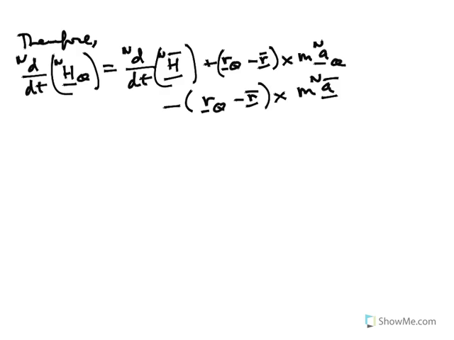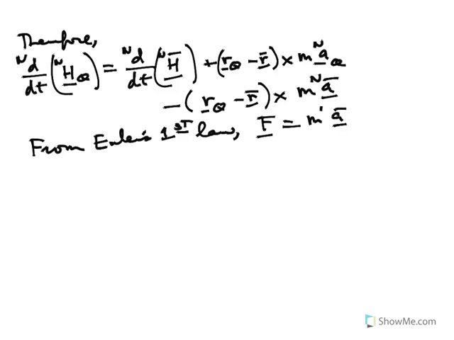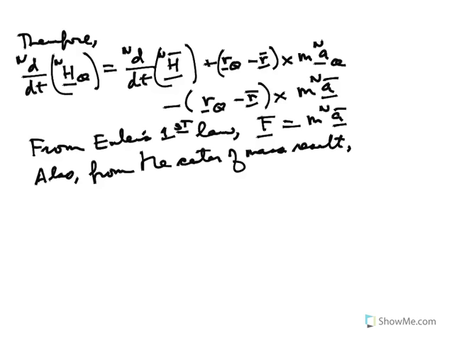Now again, we note that from Euler's first law, we have that F equals M a bar in N, and also from the center of mass result, we have that the moment relative to the center of mass is equal to the rate of change in the inertial frame of H bar in the inertial frame.